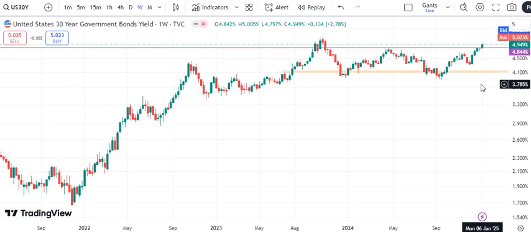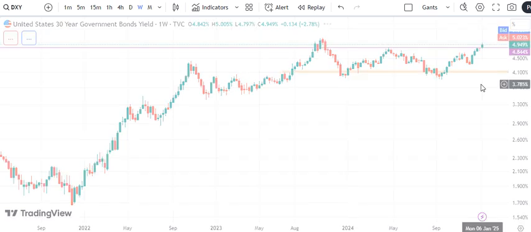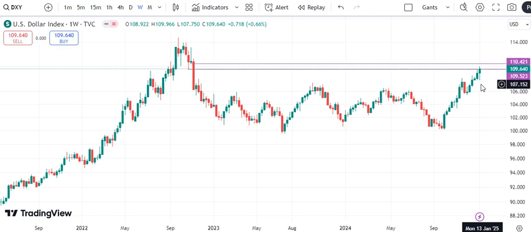So let's see how it goes. Dollar, we anticipate it to trade higher, take out last week's high, and then if it continues going higher, then we want to see how it trades around this inverted hammer.